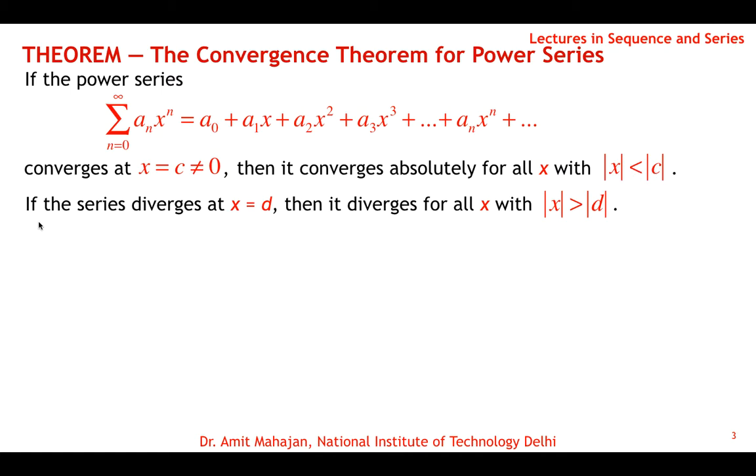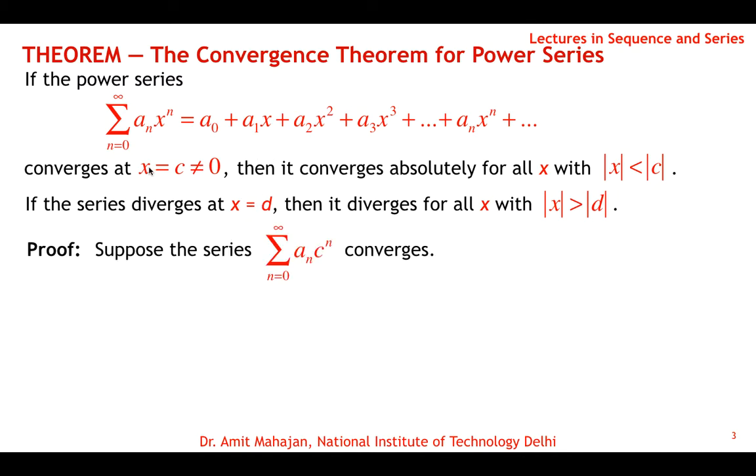Okay, and if the series diverges at any point d, then it diverges for all x with the absolute value of x greater than the absolute value of d. Okay, so this is the theorem for convergence, and we'll just prove this one first.